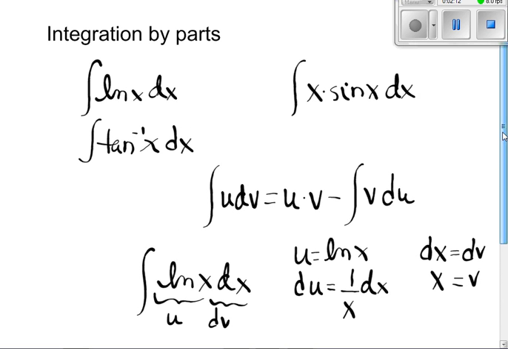So in this case, when I do the integral of x sine x, I would like this to be the u, and this is going to be the dv. Even though I could integrate x, I could switch them. The problem is when I integrate x, it becomes x squared, and it doesn't go away. But if I let u equal x, the derivative of x is 1.